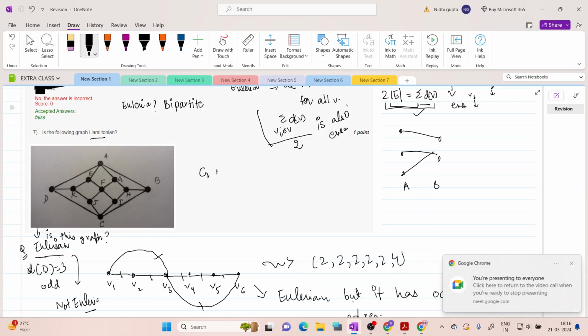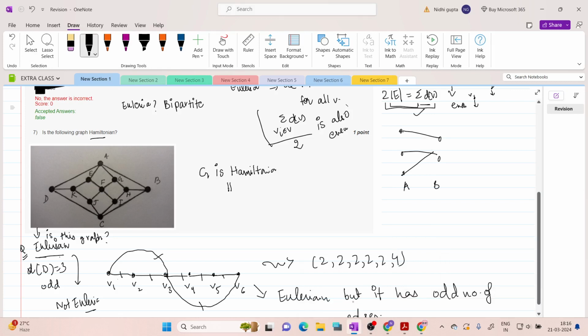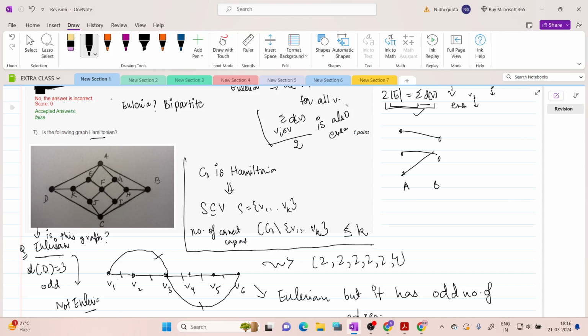So basically, G is Hamiltonian implies that if we take S as a subset of vertices, S = {V1, ..., Vk}, then the number of connected components of G minus {V1, ..., Vk} should be less than or equal to k. So this is a necessary condition.